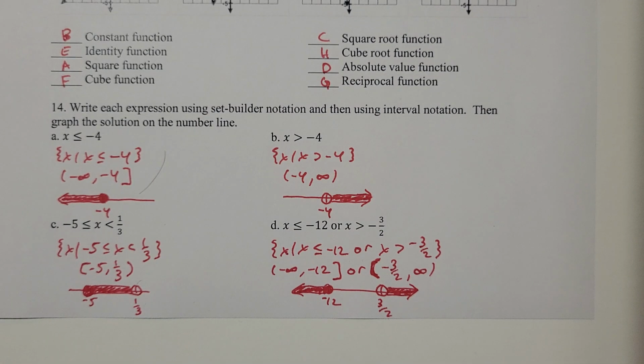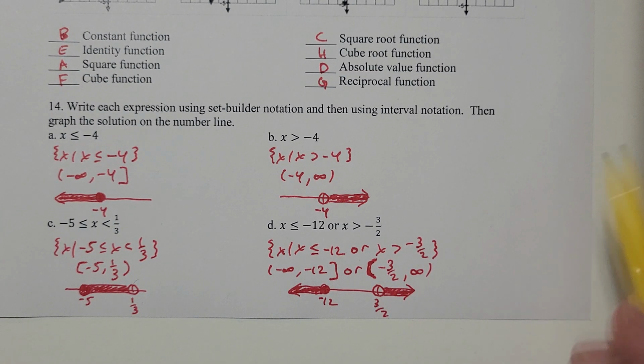Okay? And then as an interval, I have anything less than or equal to negative 12, means I'm heading out towards negative infinity. So I'd say negative infinity to negative 12, and there's a bracket by negative 12, right, because we're including negative 12. Or anything bigger than negative 3/2 means I'm heading out towards infinity.